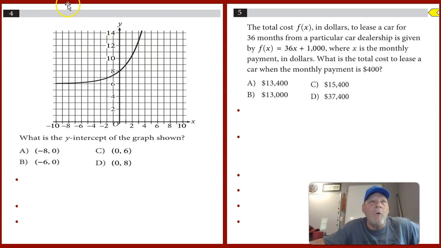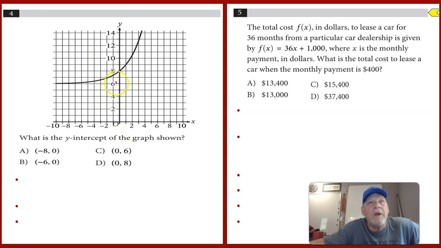In problem 4, it is a graph of a function, and it curves. Here's my x-axis, here's my y-axis. It says, what is the y-intercept of the graph? Remember what the y-intercept is.